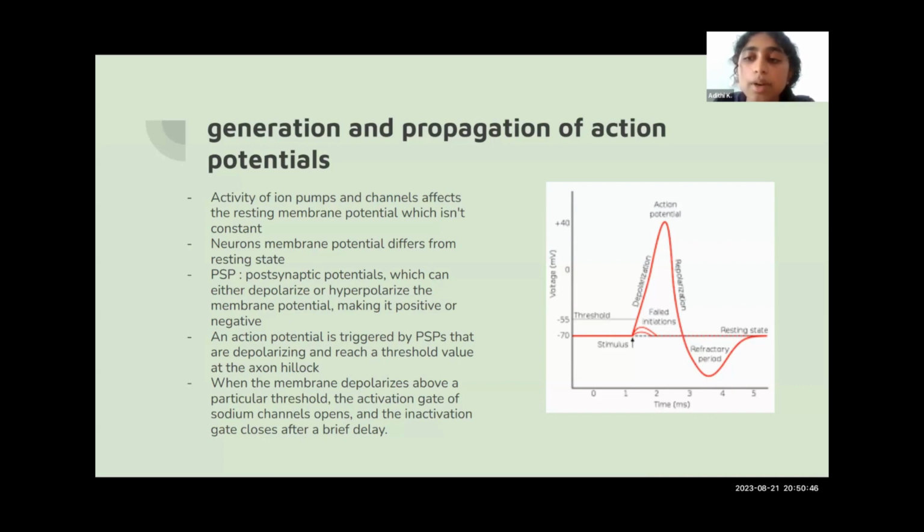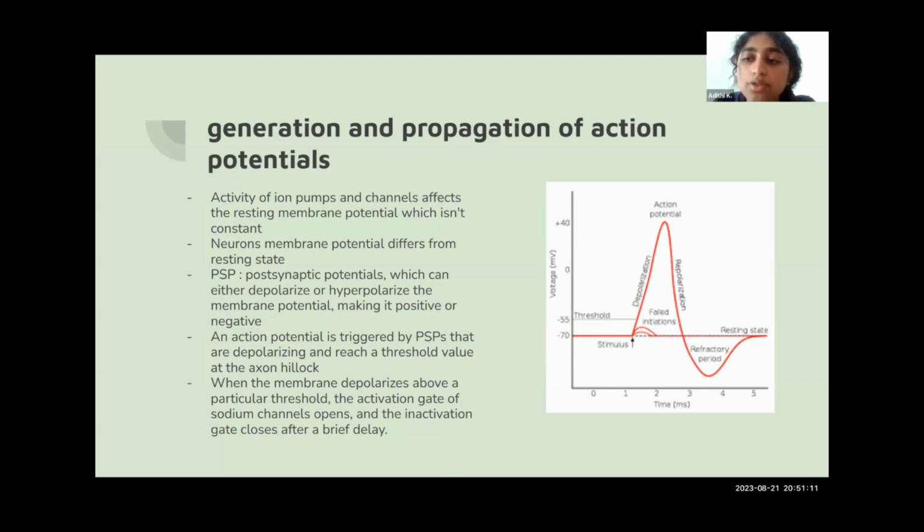The PSPs are combined spatially and temporally by the neuron before being integrated. The term spatial summation describes the addition of PSPs that take place at various cell body locations, but at roughly the same time. The process of adding PSPs that take place at the same place, but at various periods, is known as temporal summation.